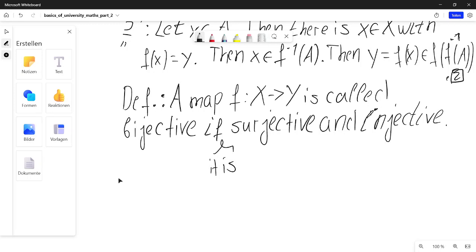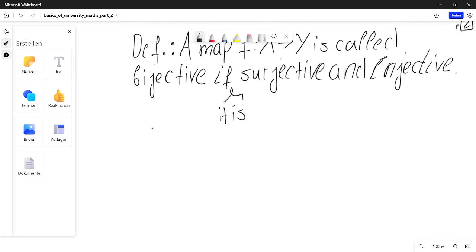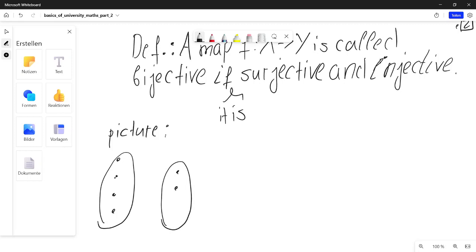Alright, let's pause for a second and think about what a bijective map is. Picture: we know no elements are left without an element that goes to it, right? So no elements are left. To each element there is an arrow, right? Maybe there are two arrows, but two arrows are impossible, right? Because it would be injective. So only one goes to one. Again, two arrows are impossible.